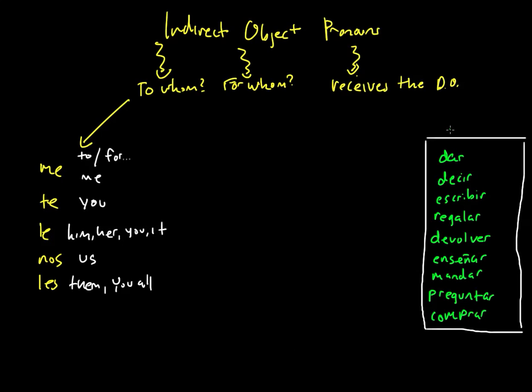Okay, so these are some common verbs that require the indirect object pronouns.